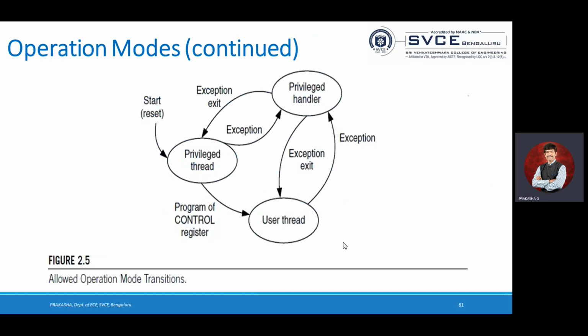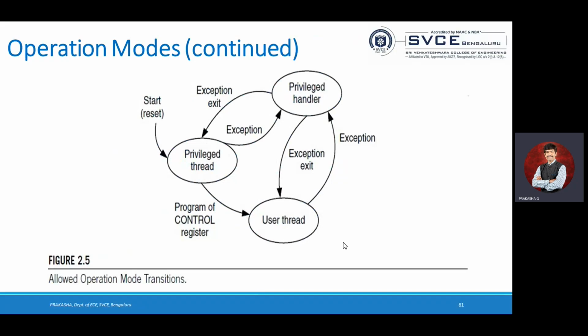This is also one of the very important questions asked in your main examination: operating modes, how the operating modes come into the picture. With a diagram, explain the operating modes of the ARM Cortex M3. Privileged handler, privileged thread, user thread. These are the three different modes we can call them.